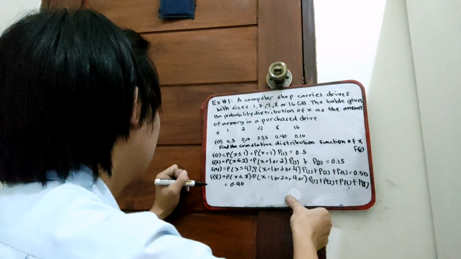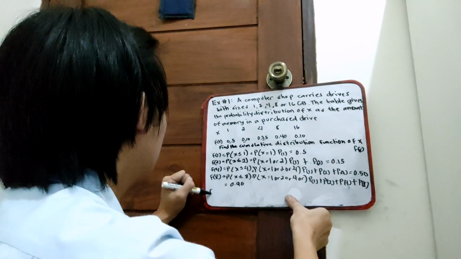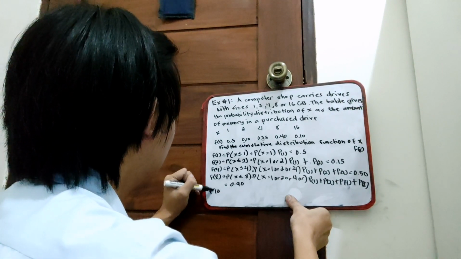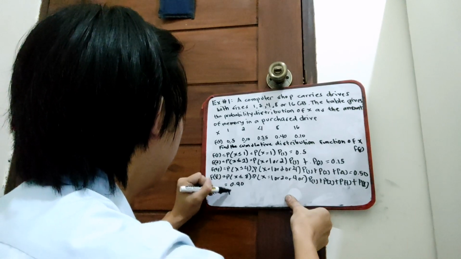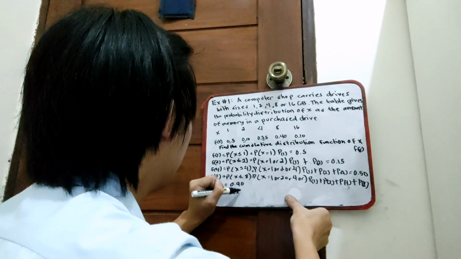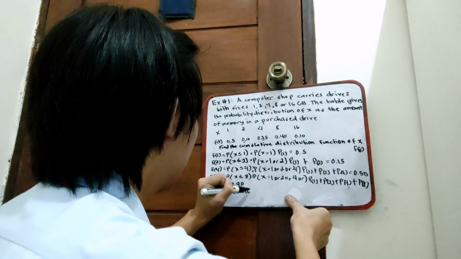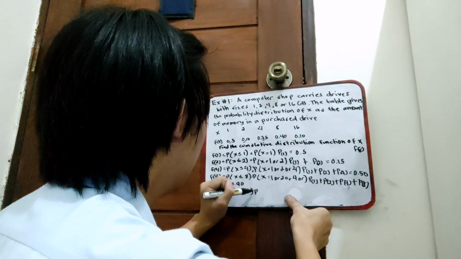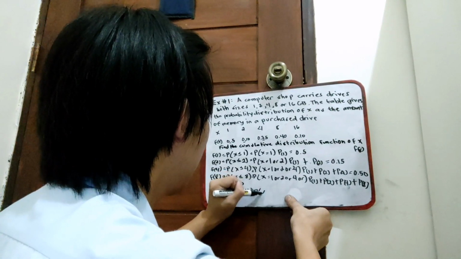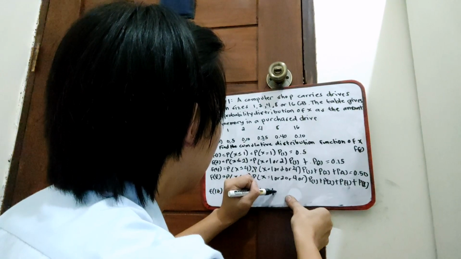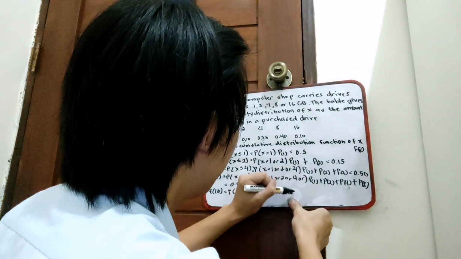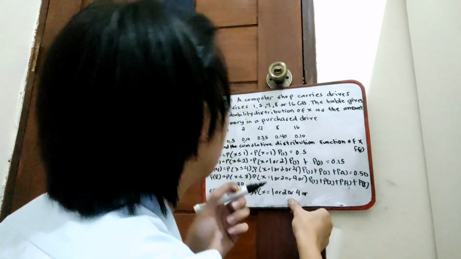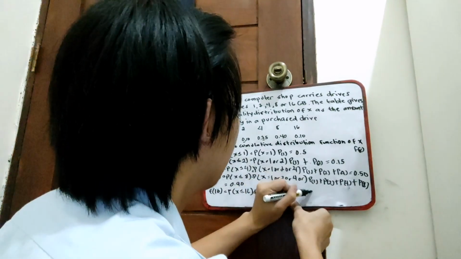0.90. And lastly is f of 16, which is equal to P of X less than or equal to 16, which is equal to P of X equals 1 or 2 or 4 or 8 or 16.